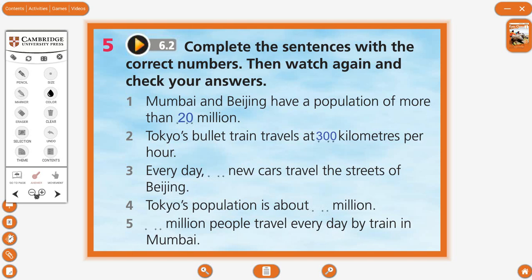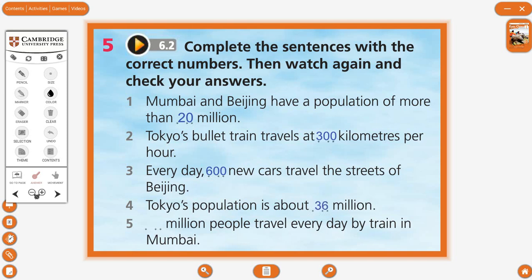Every day, blah blah blah new cars travel the streets of Beijing. How many cars travel in the streets of Beijing? Okay, 600 cars. Now the fourth sentence. Tokyo's population is about blah blah blah million. How many population has Tokyo got? 36.